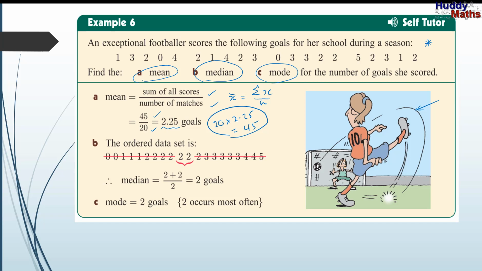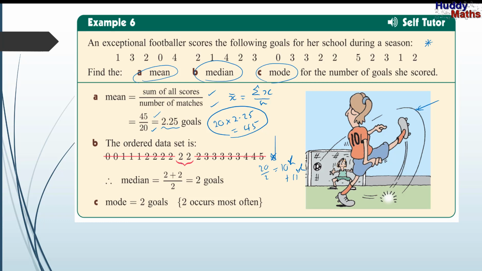Keep that in mind. So if we use an ordered data set now, and that's this one here, then we know that there are 20 games, so 20 divided by 2 is 10, and we've got to average that and the 11th one.